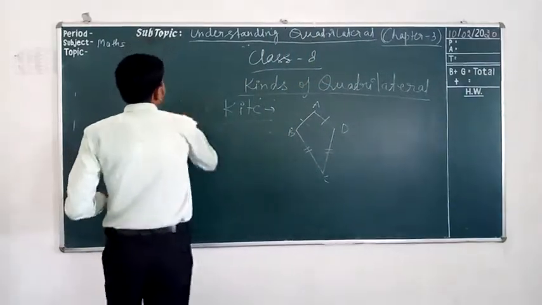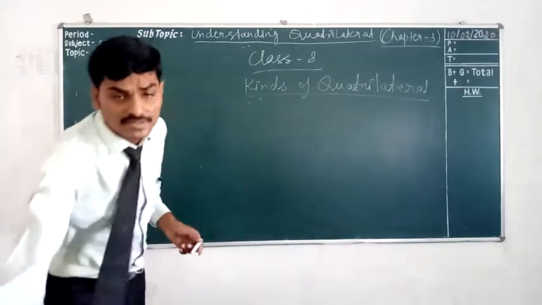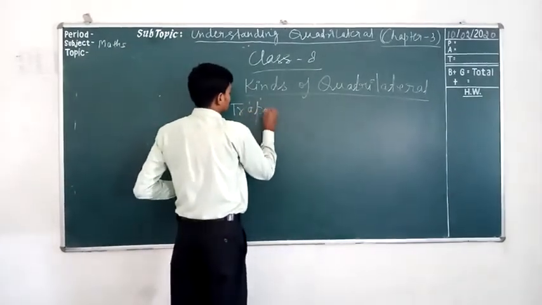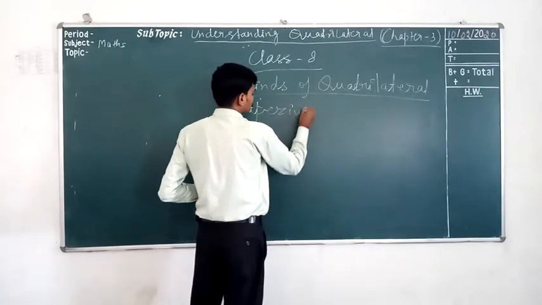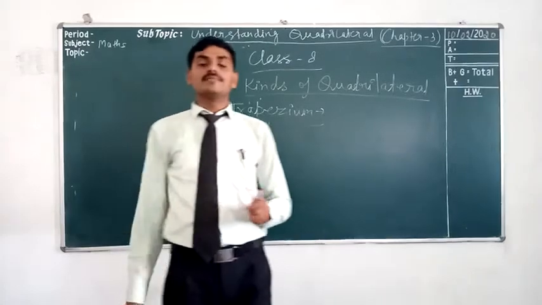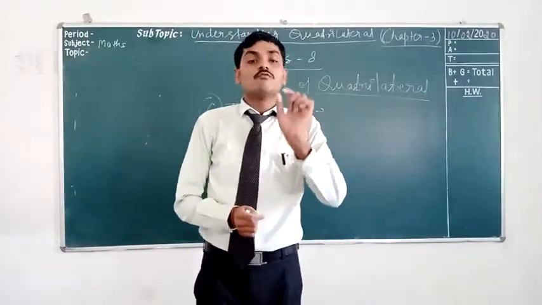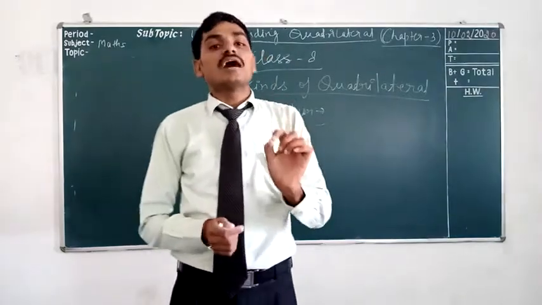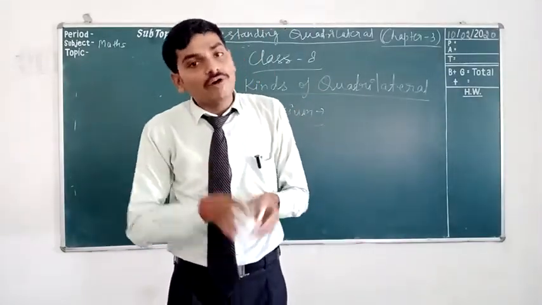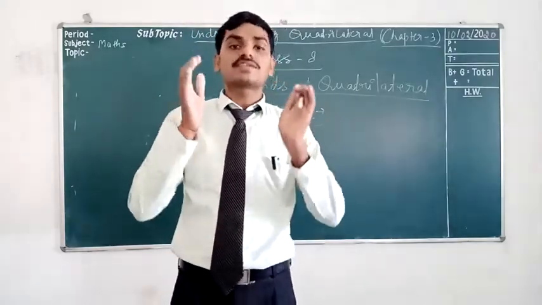Now next one is trapezium. What is the trapezium? Trapezium is a type of quadrilateral in which one pair of sides are parallel. Any quadrilateral, if one pair of sides are parallel, then we can say that this is the trapezium.